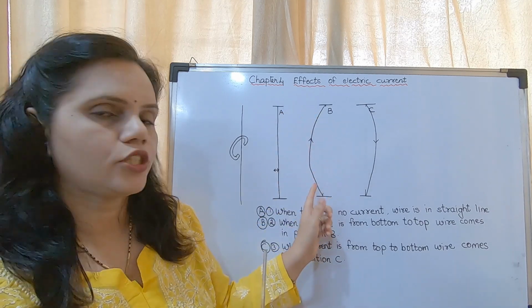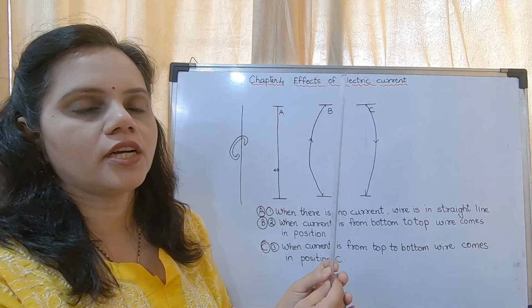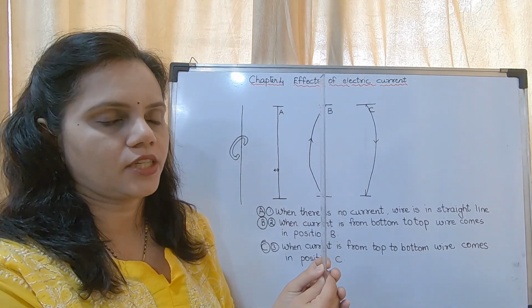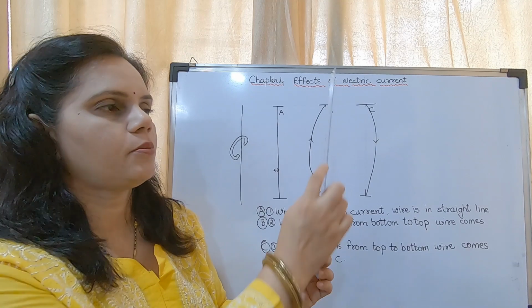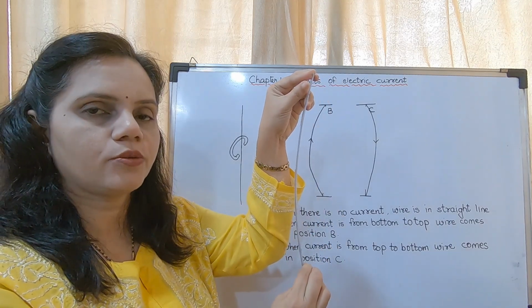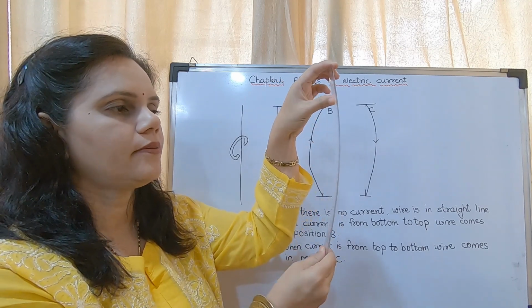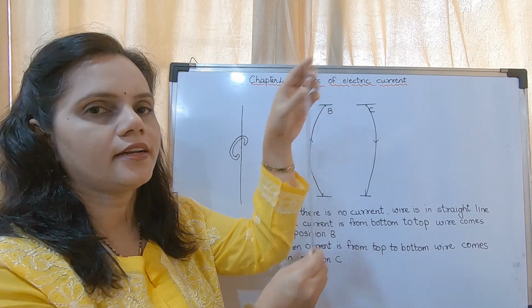That is what I wanted to show. So here you may see, if no current is passing, then it is straight. If the current is passing from bottom to top, it will get deflected towards the left. If the current is passing from top to bottom, it will get deflected towards the right.